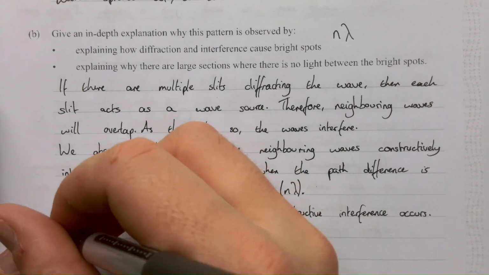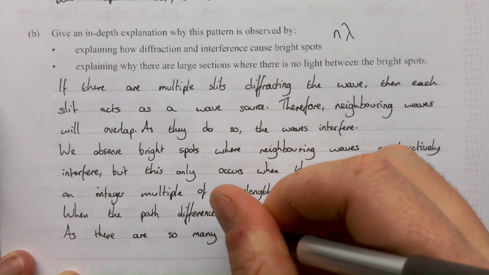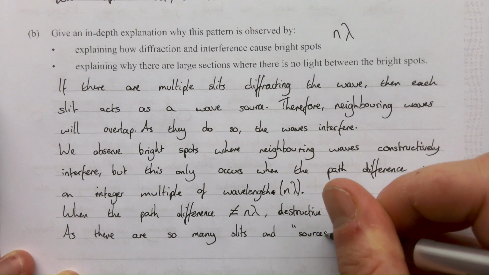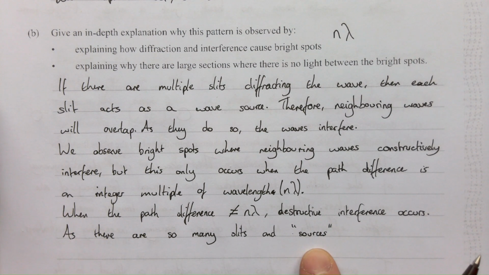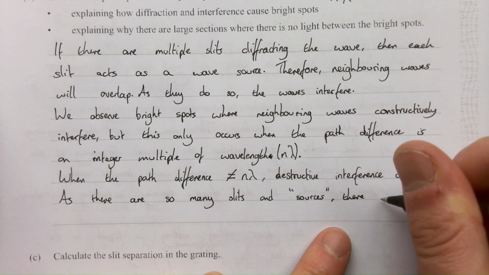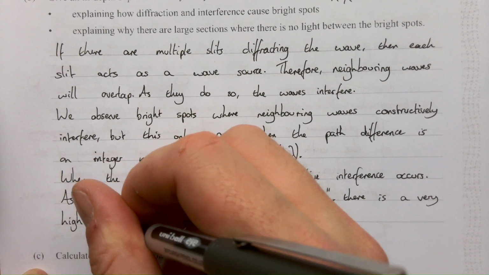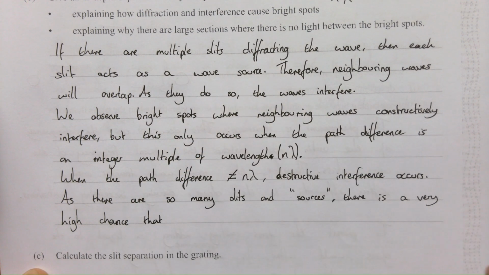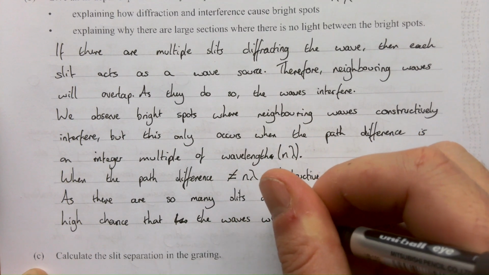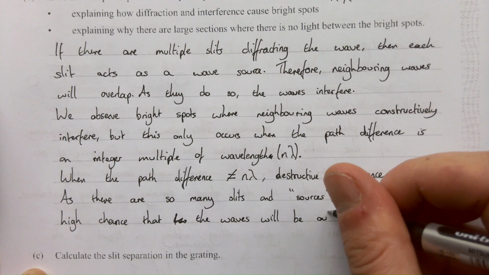Okay, as there are so many slits and "sources", meaning each slit is acting as a wave source, there is a very high chance that the waves will be out of phase, basically.